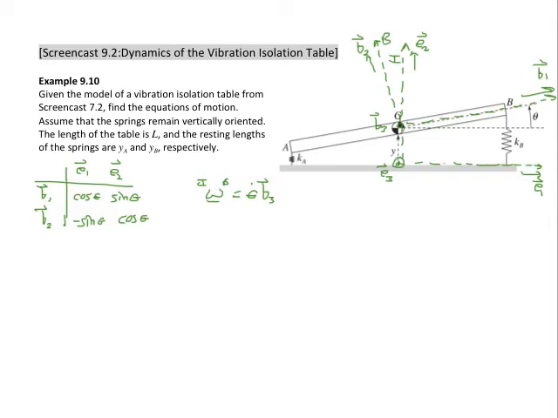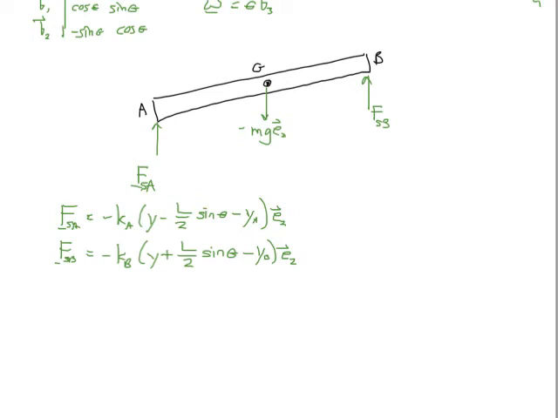We also had a free body diagram that we used. There were 3 forces applied to the free body diagram: the spring at A, the spring at B, and the force due to gravity, which is acting at the center of mass. The spring force at A is the negative spring constant multiplied by the change in length that we defined, and the spring force at B is likewise the negative spring constant multiplied by that change in length.